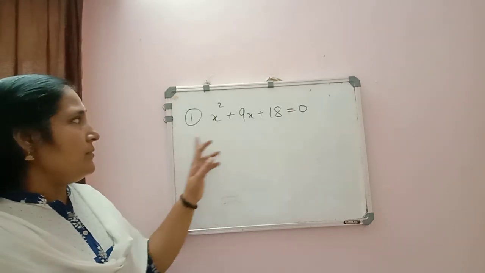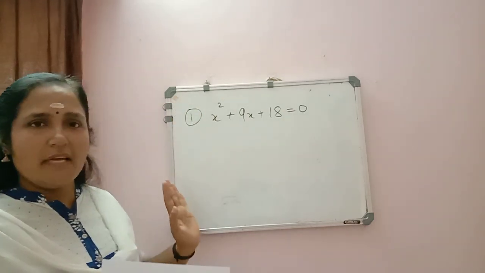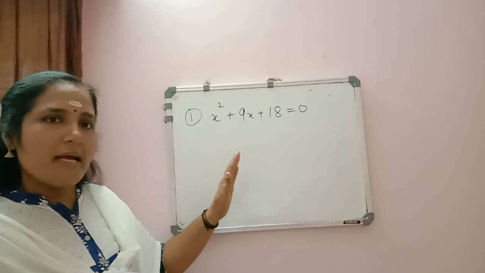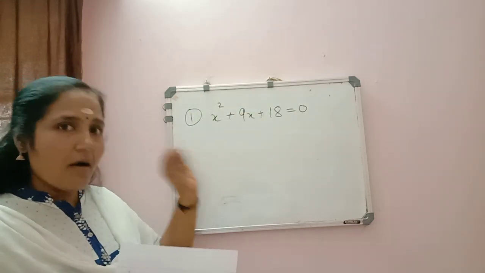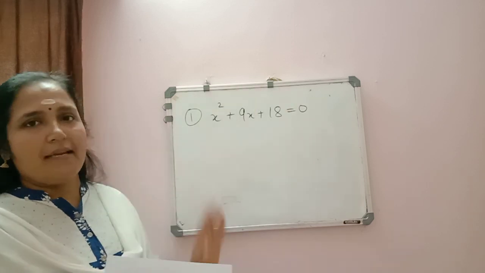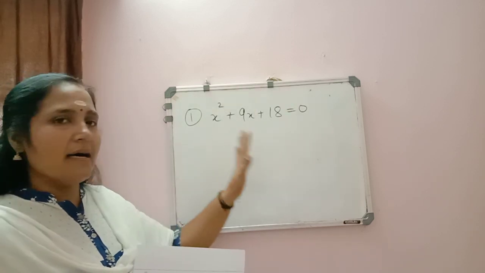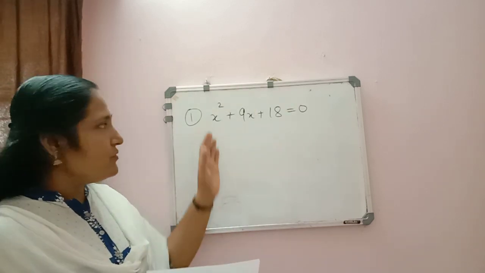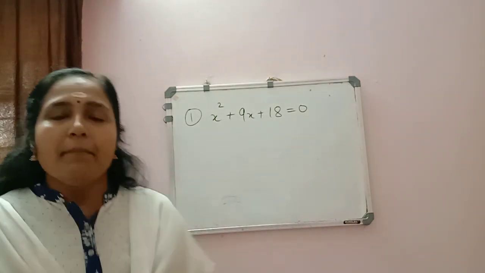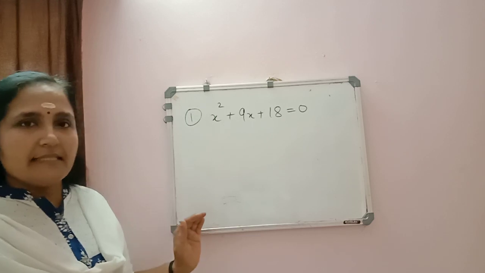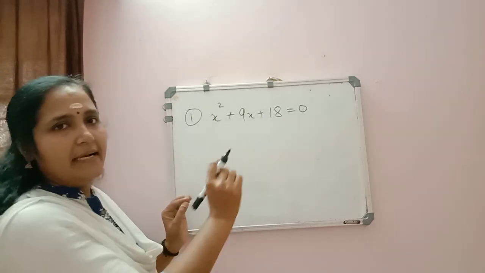Children, please note down, the question is find the zeros of the quadratic polynomial, or sometimes it will be asked to find the roots of the quadratic polynomial or solve the quadratic polynomial. The question can be asked in any way. To solve all these, we will use the concept of splitting the middle term.